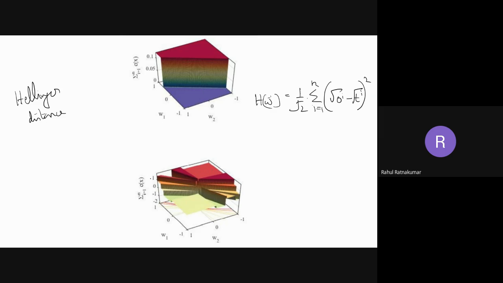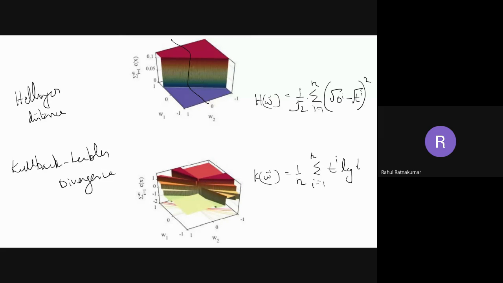Another is Kullback-Leibler divergence. You can see the error function here, with quite a big ridge. The equation is, for different weights, 1 by n sigma i equal to 1 to n of the target times log of the target to the output of the neuron.